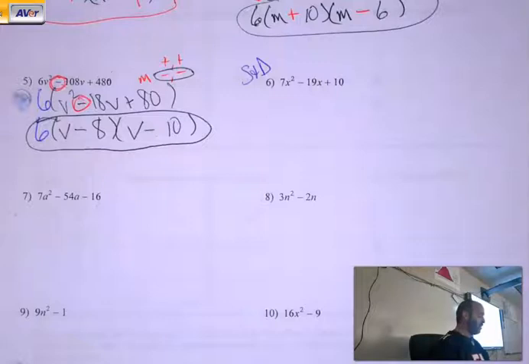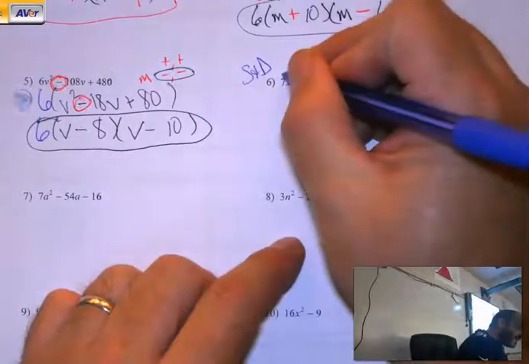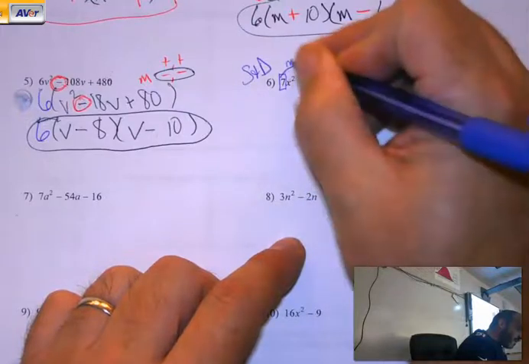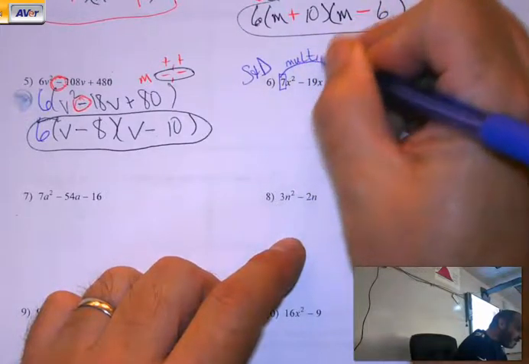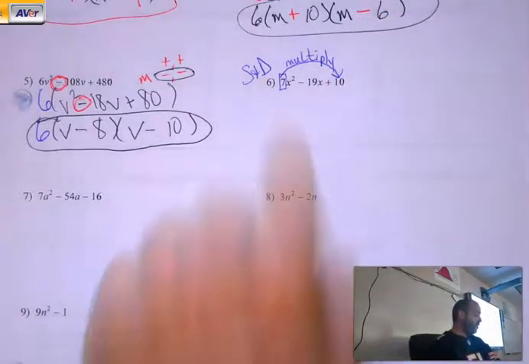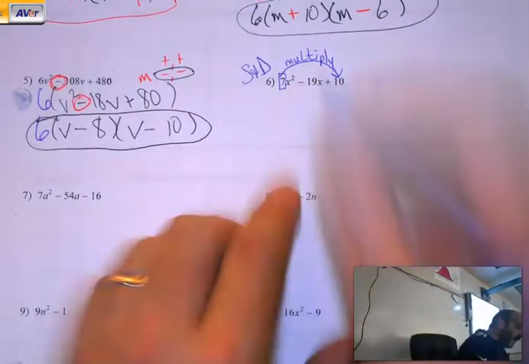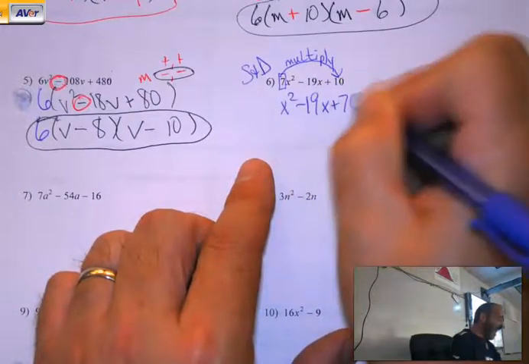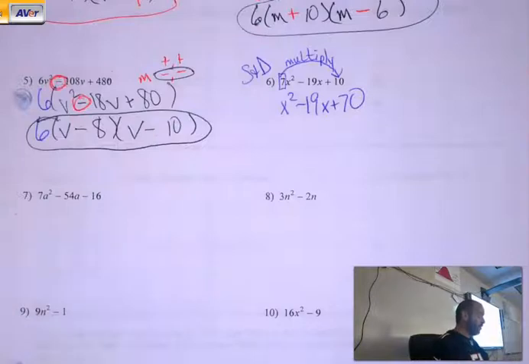So reminder, slide and divide is going to be very similar to what we've been doing, except for this first step, we take that front number and multiply it to the end. Hey, now it looks like the first ones we've been doing.